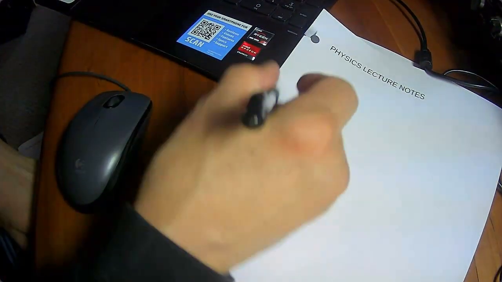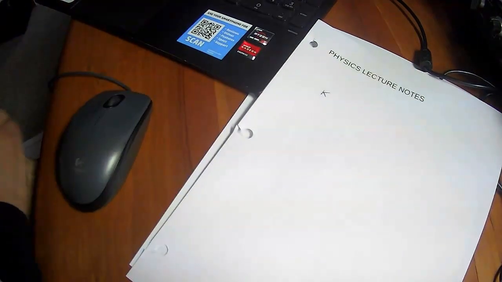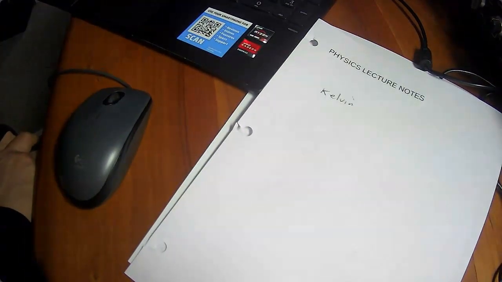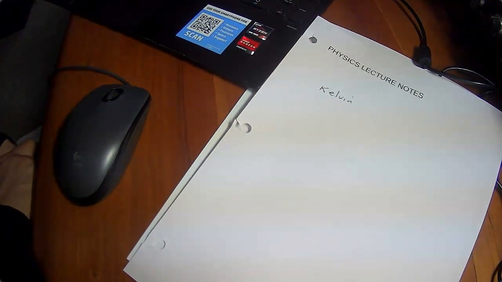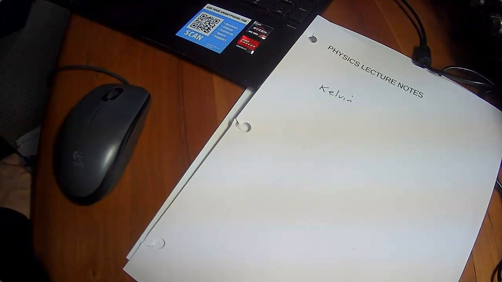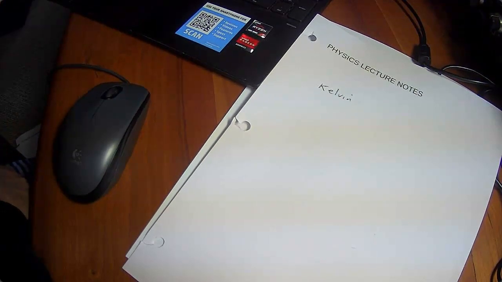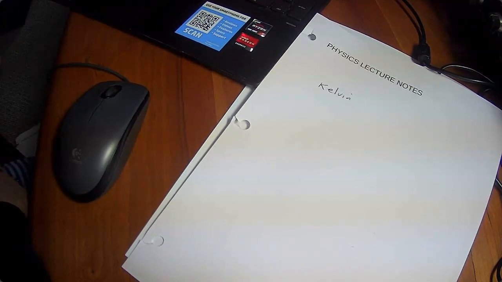But anyway, let's talk about Kelvin. Kelvin is the absolute scale of temperature. The Celsius scale, the one we use quite a bit in chemistry, has negative numbers: 0 Celsius, and then negative temperatures and positive temperatures.